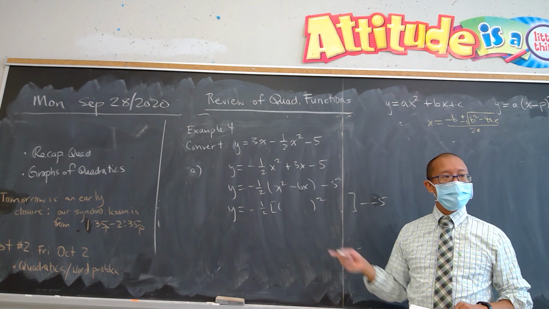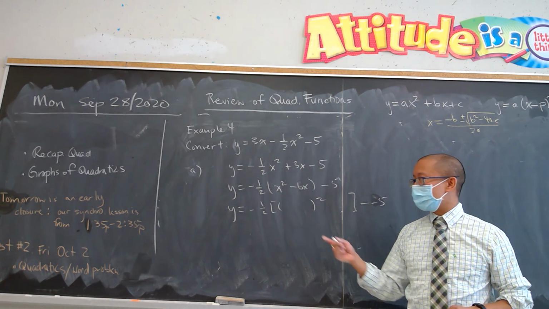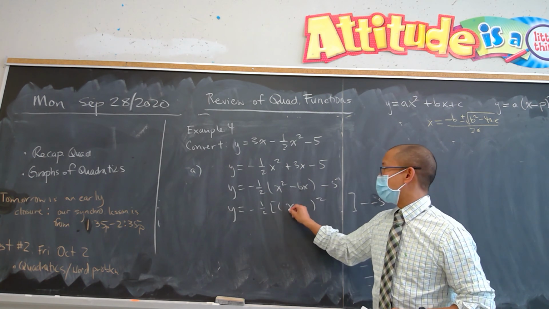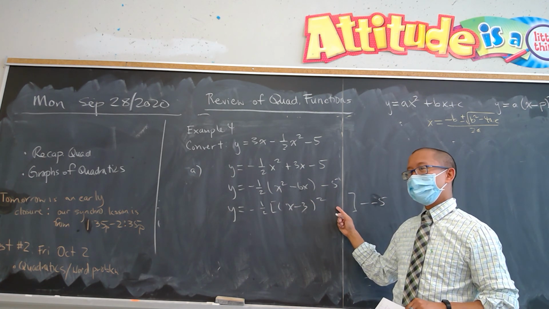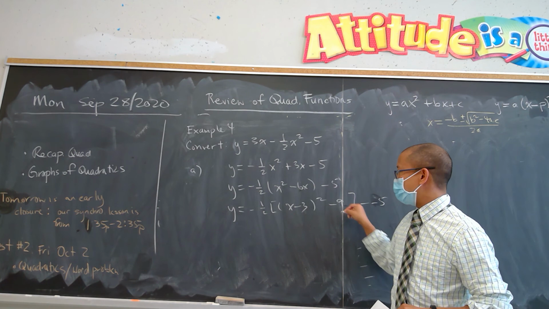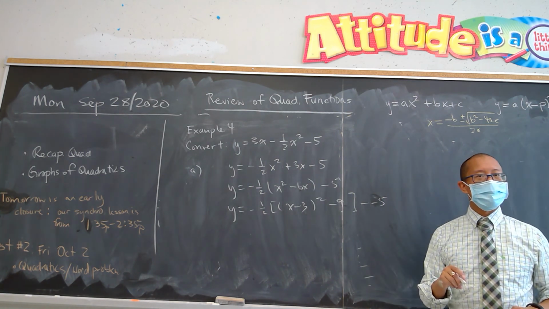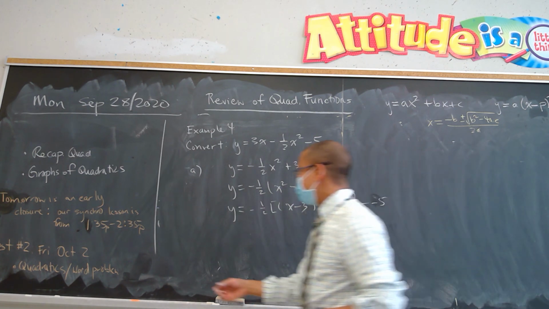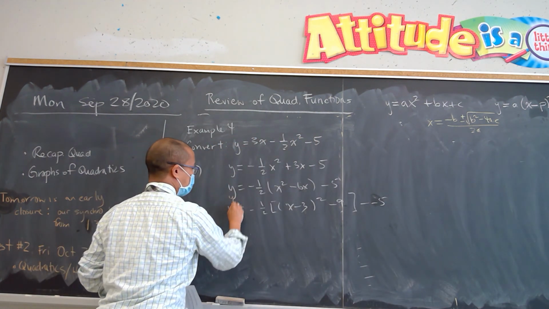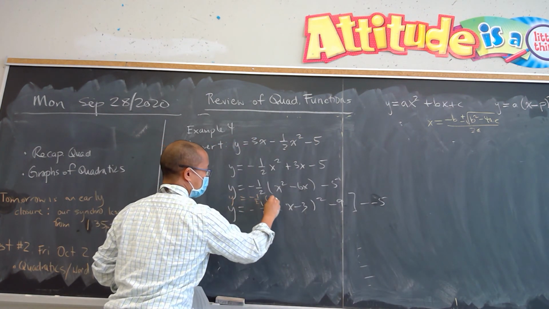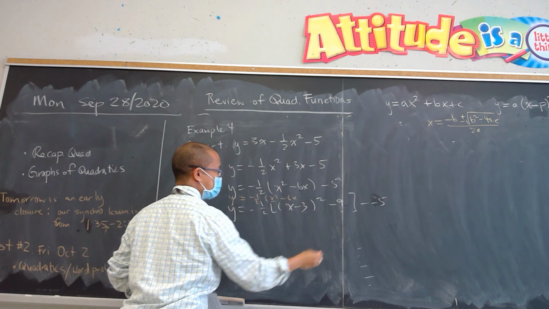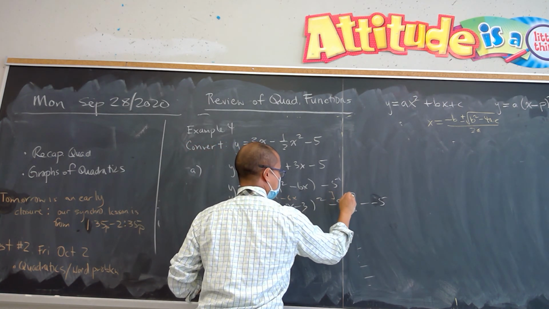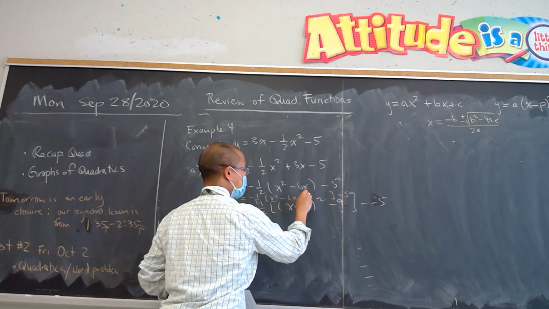And again, you don't have to do the intermediate step if you don't want to. Ted, one. Oh, x minus 3, minus 9. Before we continue, everyone okay? If you're not too sure, I'm going to insert it right in between. We got y equals negative half x squared minus 6x, we don't know what that is, minus 5.